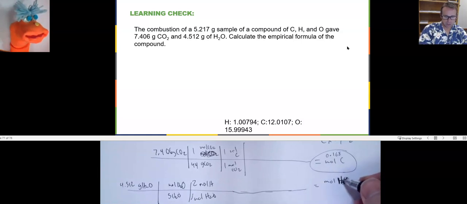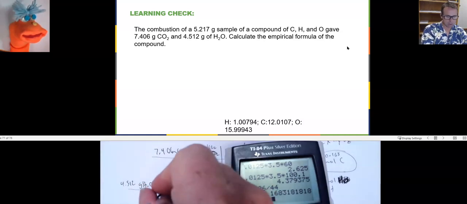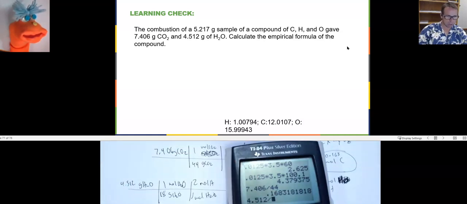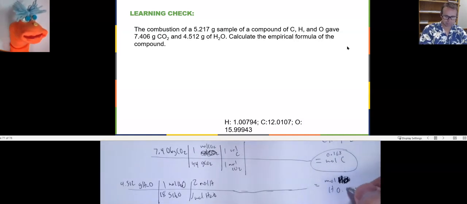And so that can give me, again, what I'm after over here, which is moles of hydrogen. Okay, so 4.512 divided by, there's 18 grams for every mole, right? Divided by 18 gives me moles of water, and then times 2 gives me moles of hydrogen, so 0.501.